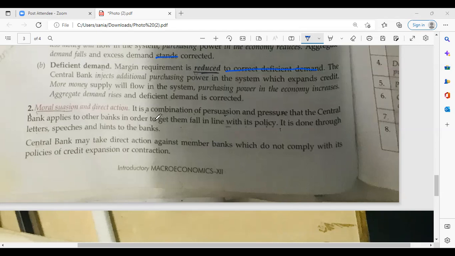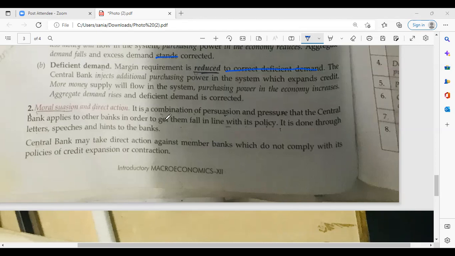Suppose I am the central bank and I am starting a policy that is going to benefit me. I will put pressure on other banks, or morally I will go to them, conduct a meeting and explain that this is going to be a very useful policy, you should invest over there.